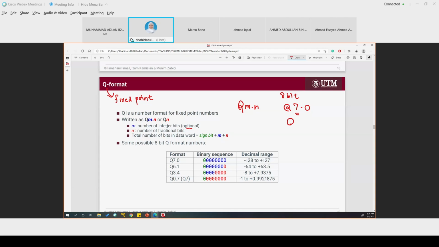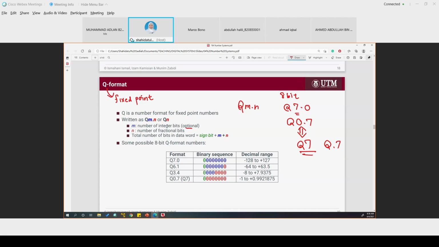Or you can have Q0.7, where the fraction is 7 bits and there's no integer at all. But this is also equal to Q7, since the m is optional, we can skip the m and just write Q7. Or sometimes we write it as Q.7. Same thing.